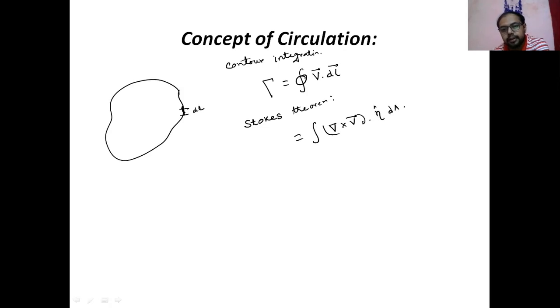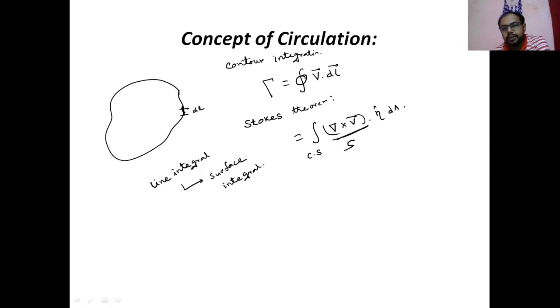The line integral is converted into a surface integral. One contour integral is converted into the surface integral.